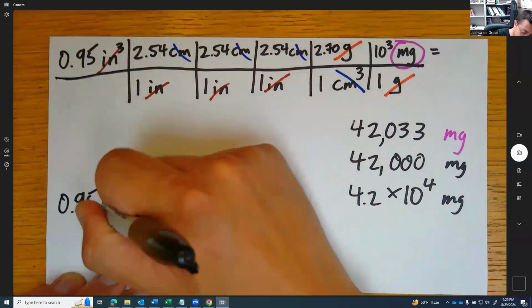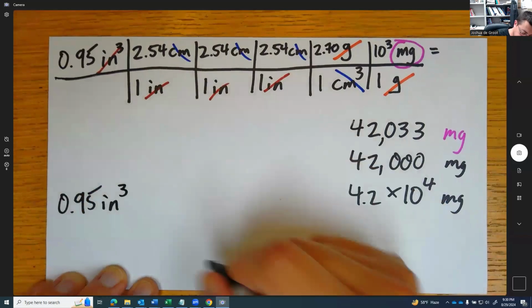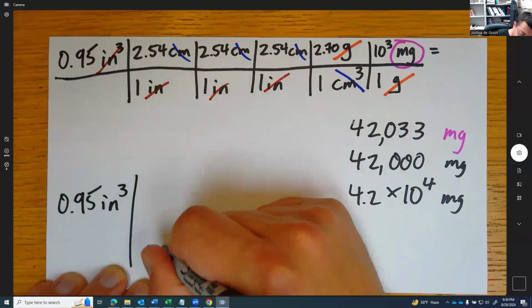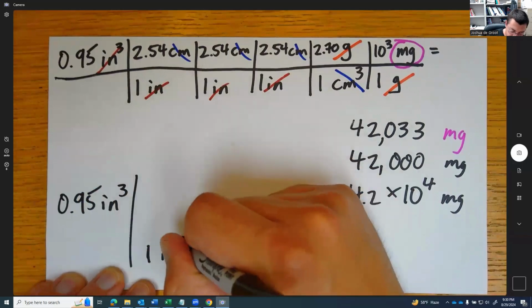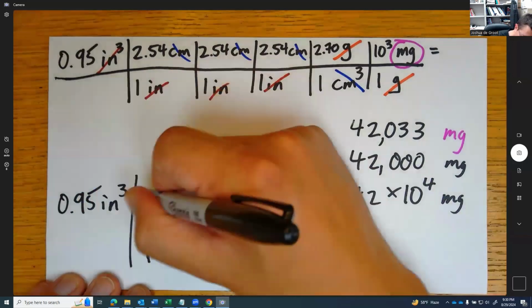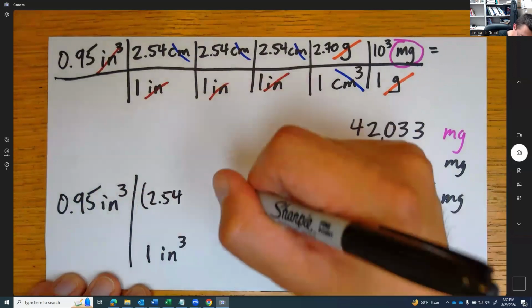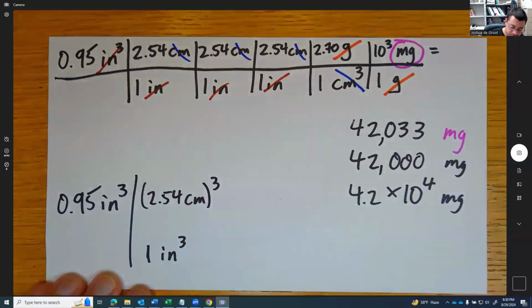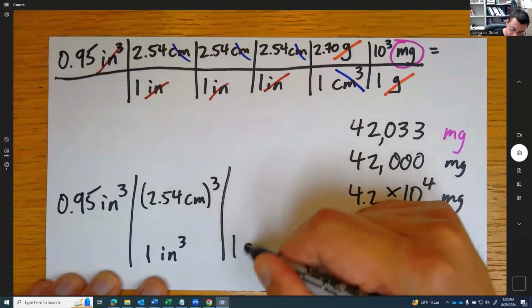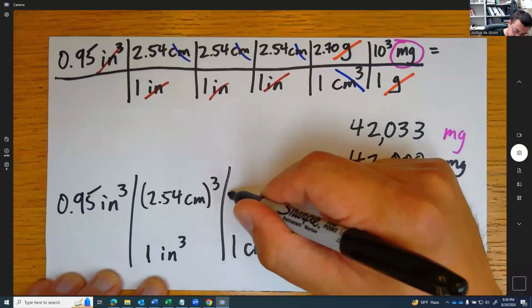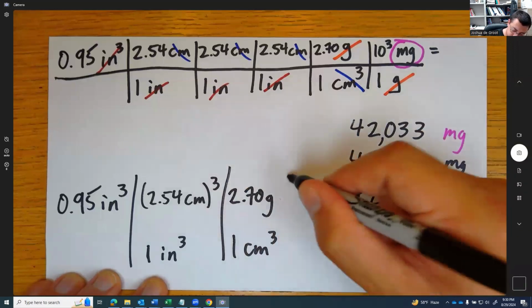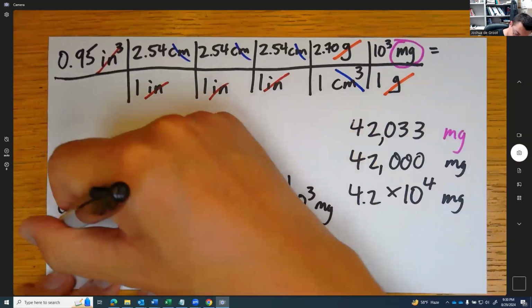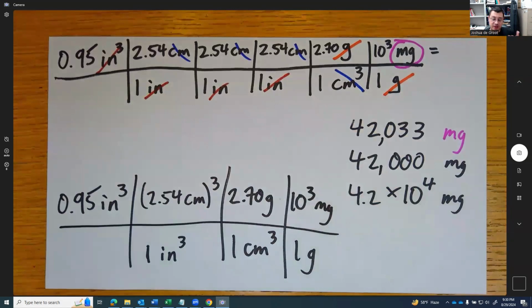You could just go something like this: 1 inch, cubed, over 2.54 centimeters cubed, like that. And you would get the same result.